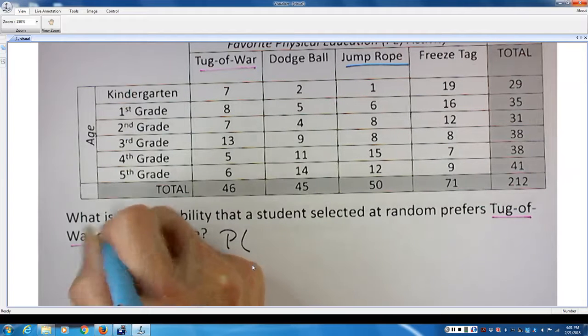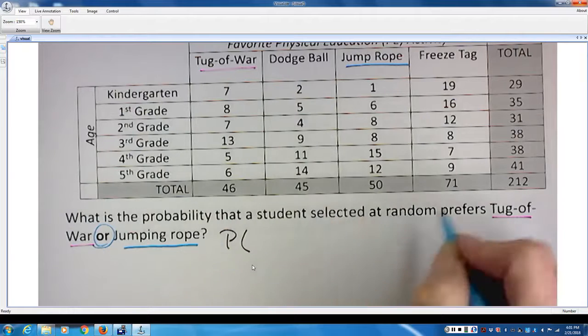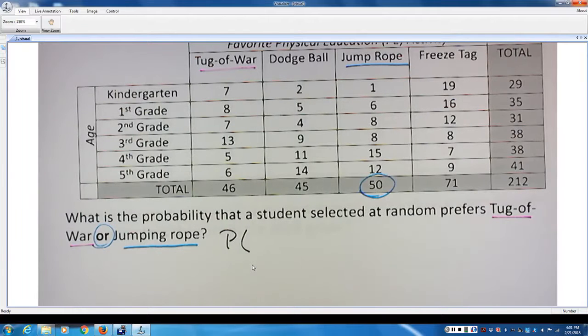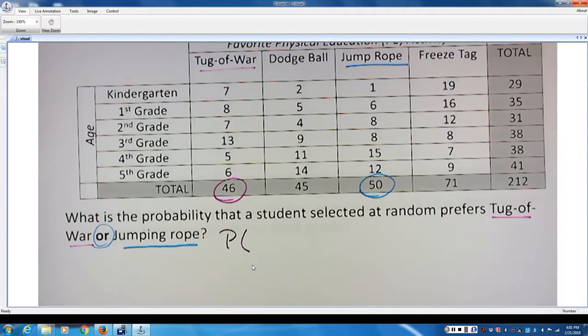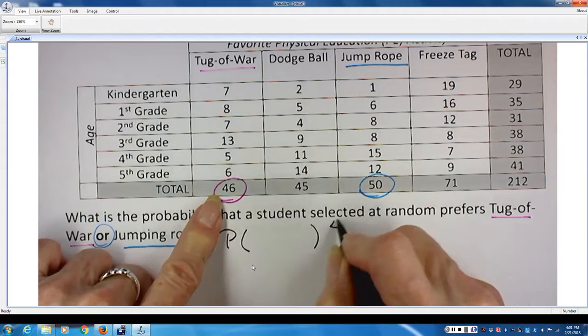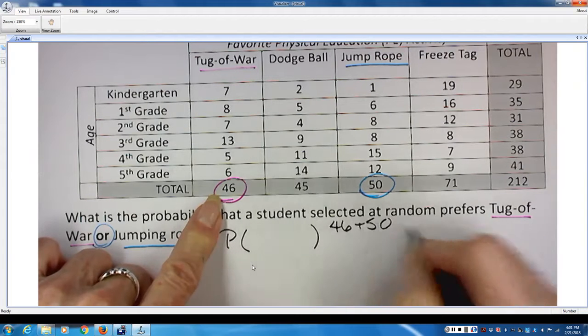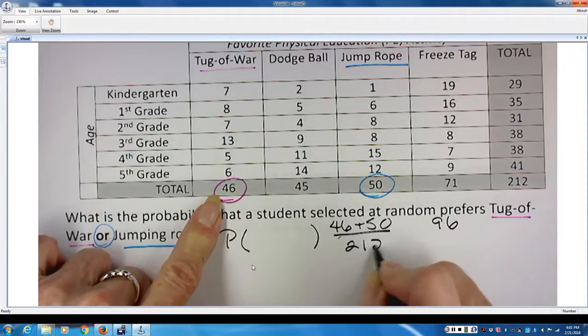And because it's disjoint, all we really need to do is add the number of kids together that prefer jumping rope and the ones that were preferring tug of war. So 46 plus 50 is 96 out of the 212.